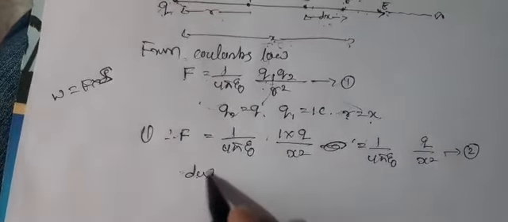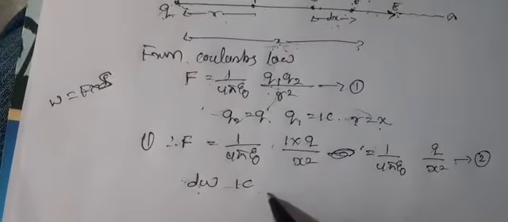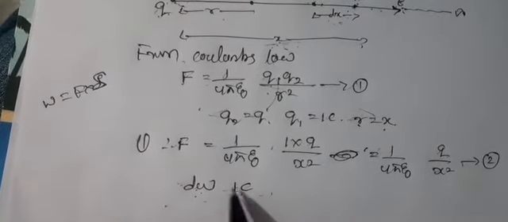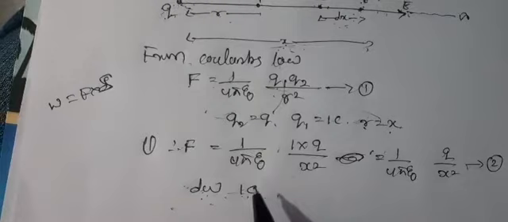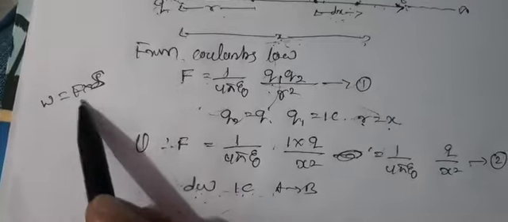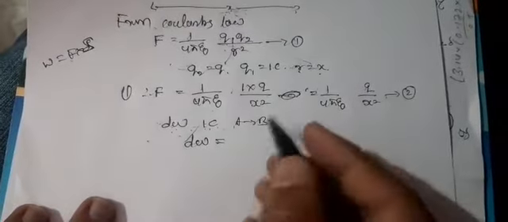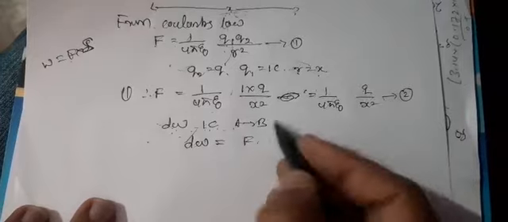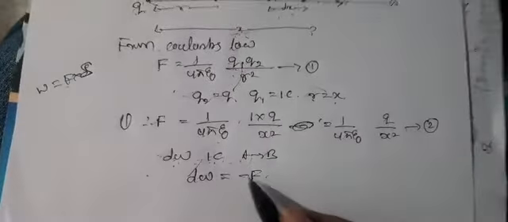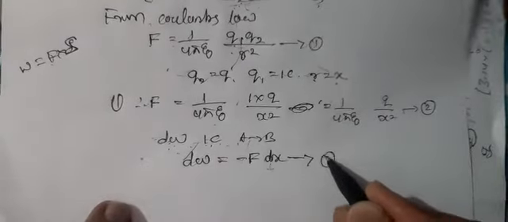The small work done dW in moving a 1 coulomb charge from A to B is dW equal to F into the displacement from A to B, that is the negative of dx, minus dx. That is called equation number 3.